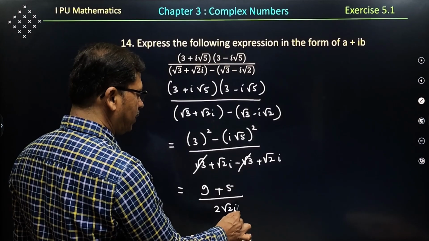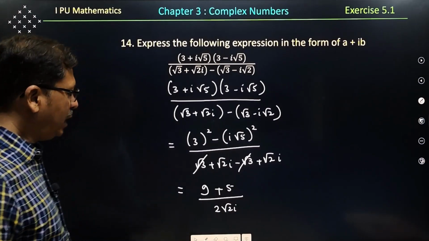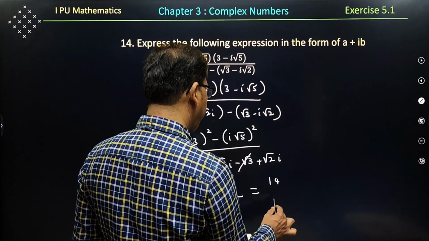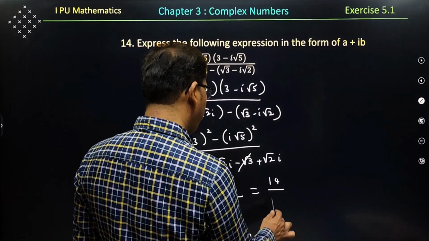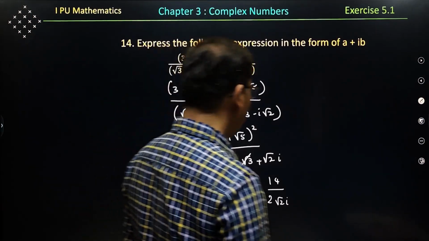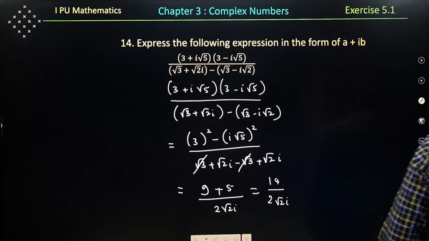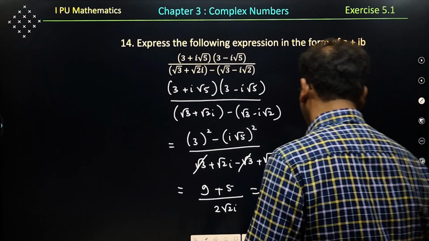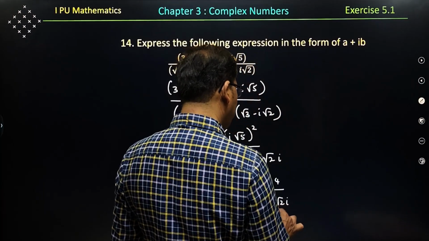You can add up these two. So 9 and 5, 14. 14 divided by 2 root 2i. 2 ones are 2, 2 sevens are 14.